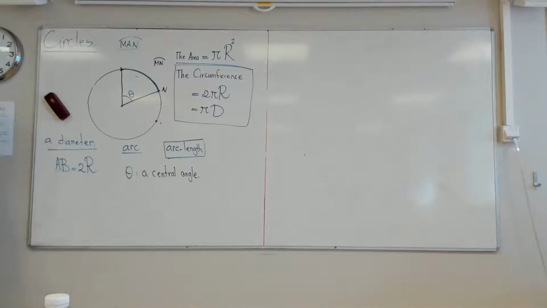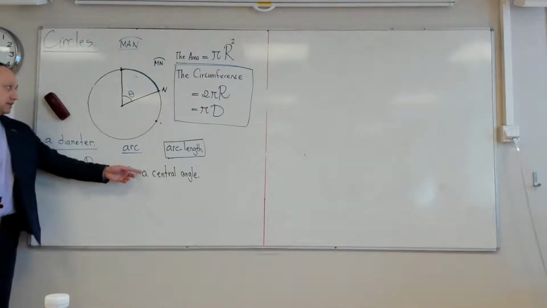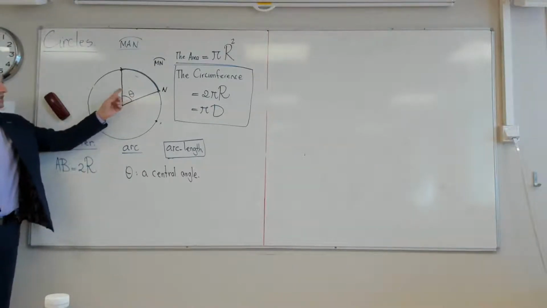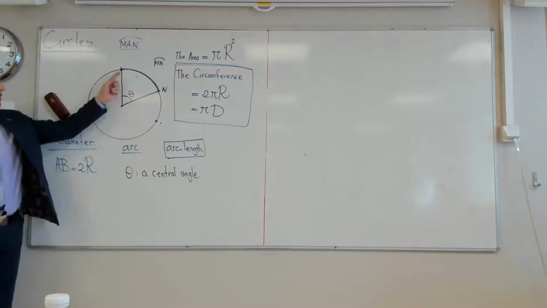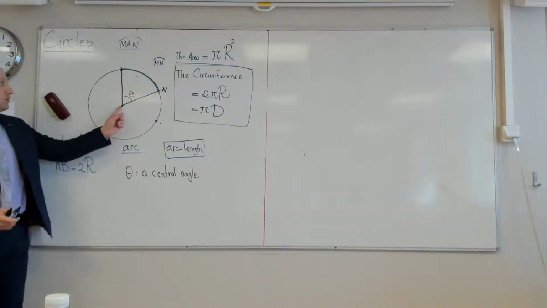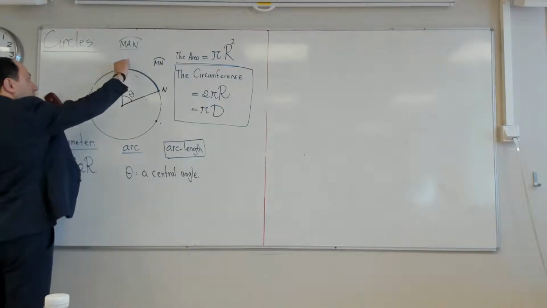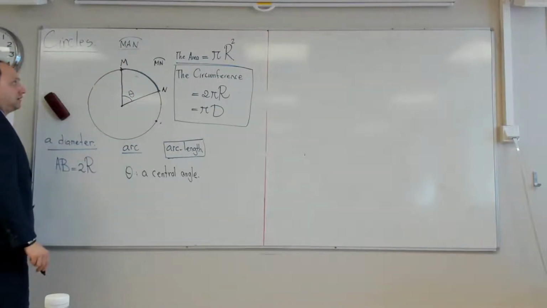So what is the definition of the central angle? A central angle is an angle whose vertex is at the center of the circle, and the two legs of that angle are radii, one radius, the other radius of that circle. And now if you have this situation, there is also a name for this arc.